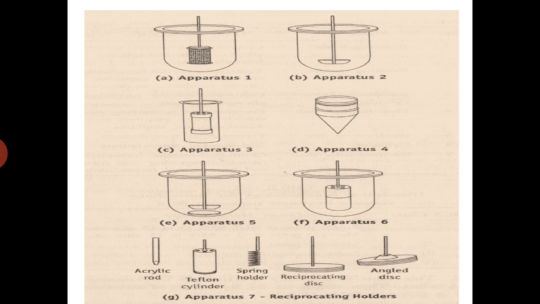The USP type 1 basket is highly used for capsules as well as some floating tablets. Capsules, if you put them into the dissolution media, will float. Some tablets also have a floating tendency.